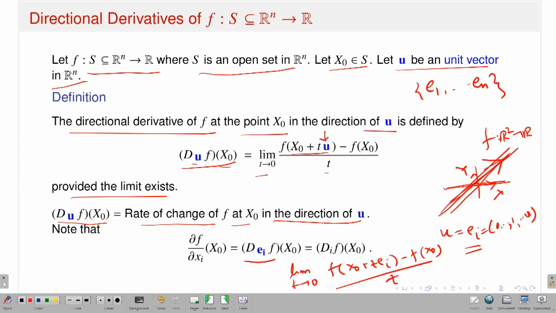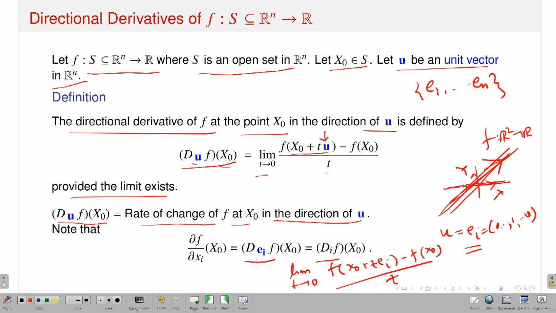And if you remember, that is nothing but the partial derivative of f with respect to the xi variable, because I am in the coordinate axis direction xi at the point x naught. So if I put u equal to ei, I have the definition of the partial derivative of f with respect to xi at x naught, which I already denoted as di of f at x naught.